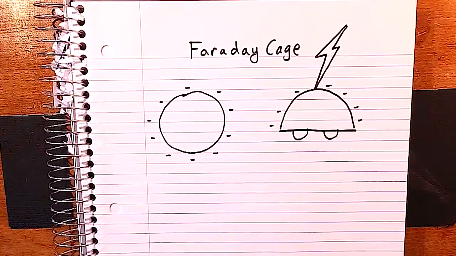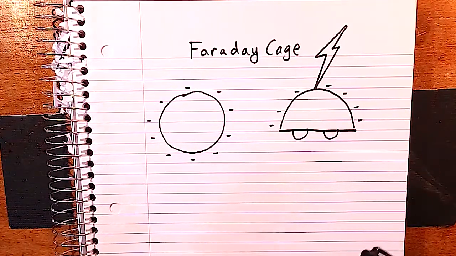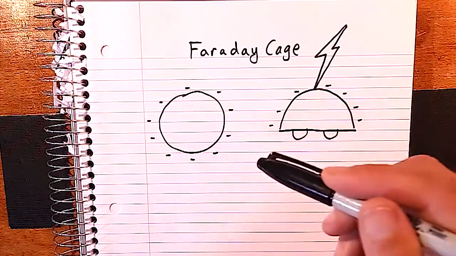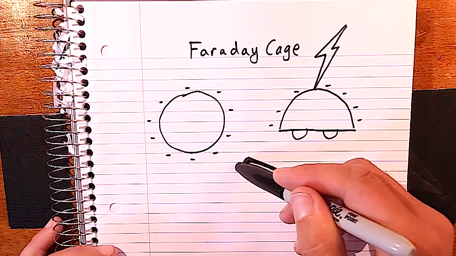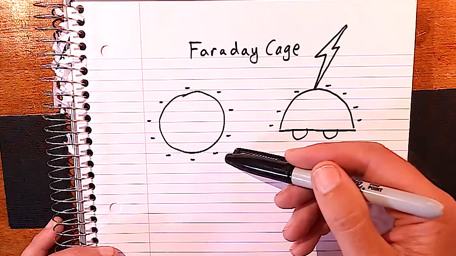There's something called a Faraday cage. A Faraday cage is a roughly circular object, it doesn't have to be perfectly circular, made out of a conductor. If we hit it with tons of electrons, the electrons are free to move on the conductor. Well, what are they going to do?